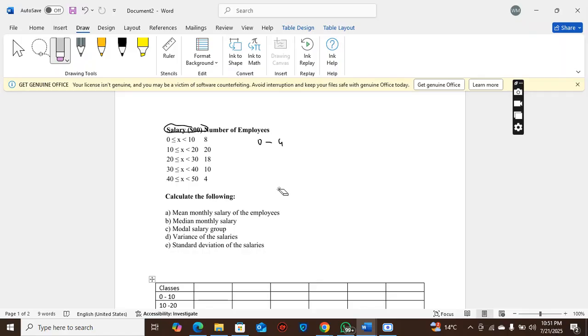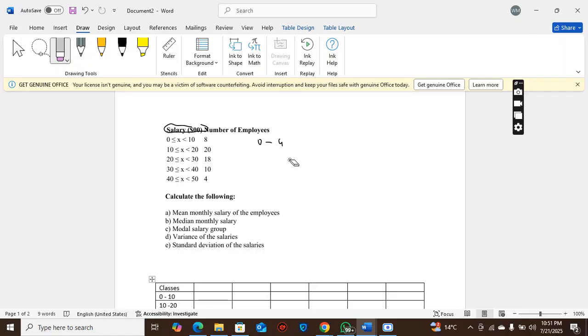If it's a class range of things that don't have decimals, like ages, then you just put 0 to 9, 10 to 19, 20 to 29. You would have done it like that.